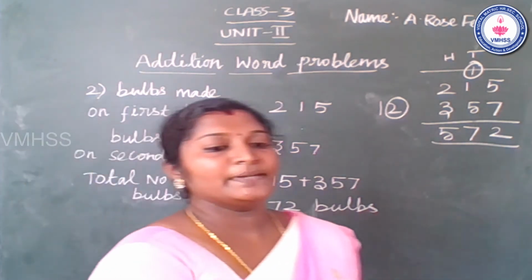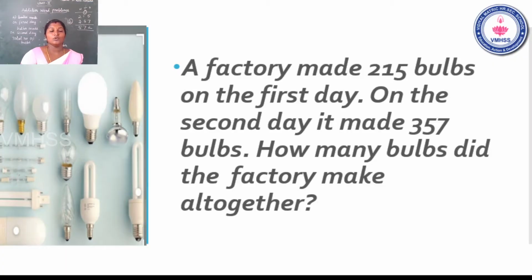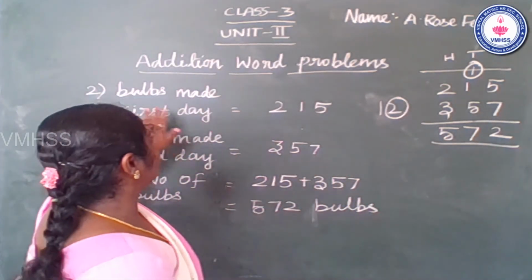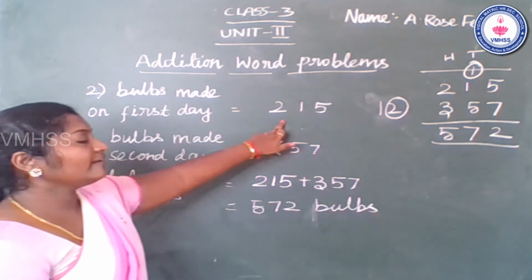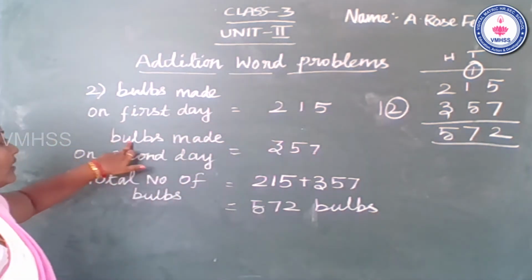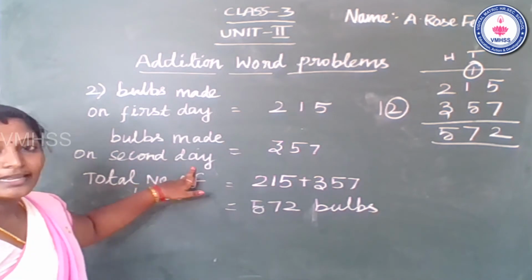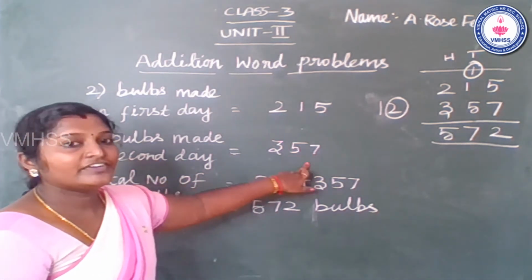Okay, so students, please see the slide. So a factory made 215 bulbs on the first day. On the second day, it made 357 bulbs. So how many bulbs did the factory make altogether? Students, see the board. So first one, bulbs made on the first day, 215. So second, bulbs made on the second day, 357.